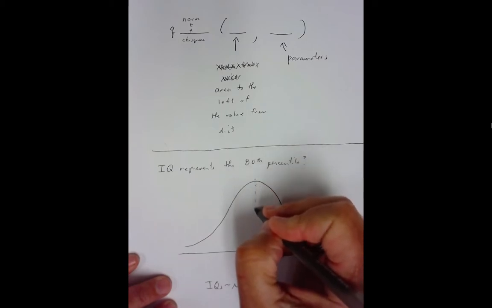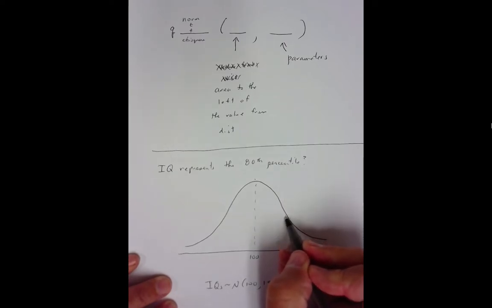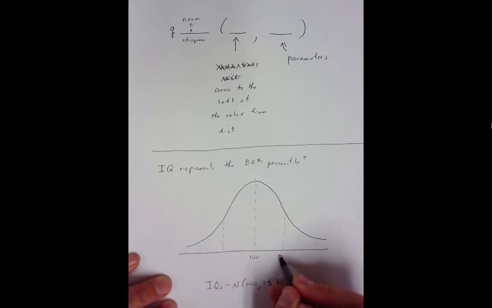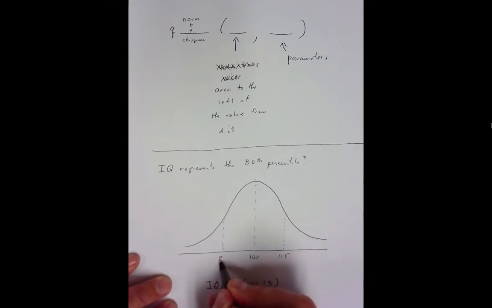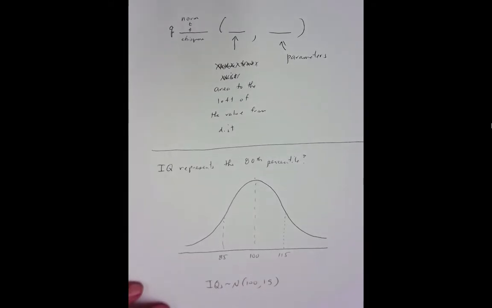So in the middle of the distribution we have a mean of 100. Right up here where the second derivative is equal to 0, we can add 15, subtract 15, and continue to do that 2 or 3 times in each direction.